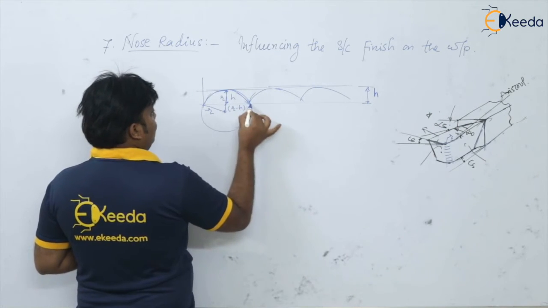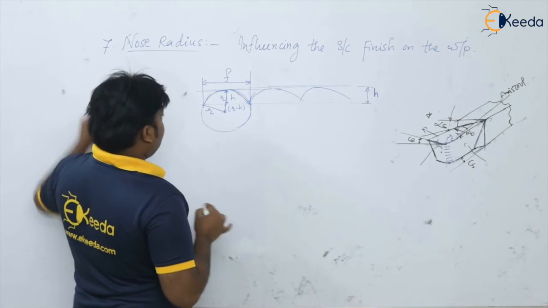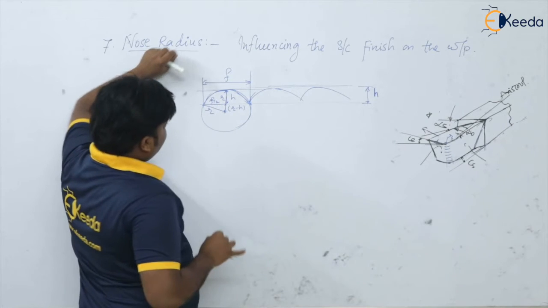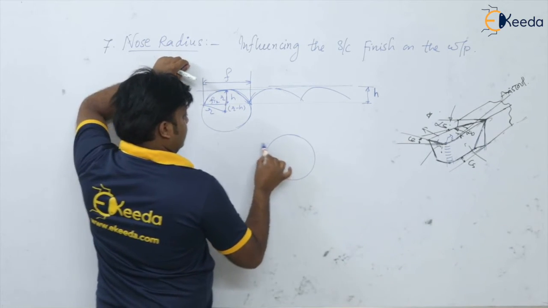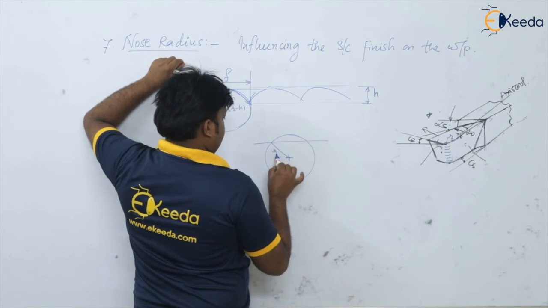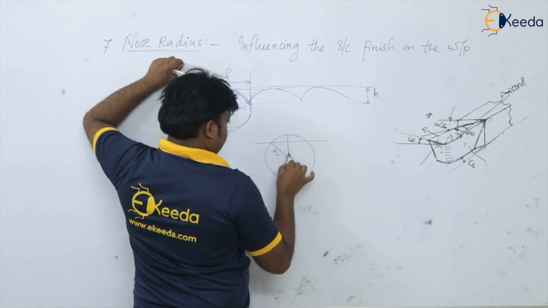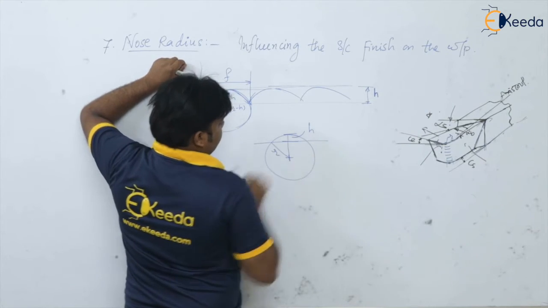And of course this is the feed, isn't it? Now this distance will be feed by 2. So from this circle, this is the r, and this distance is nothing but the h.